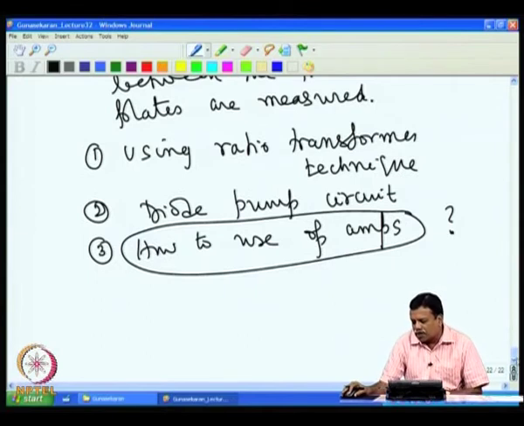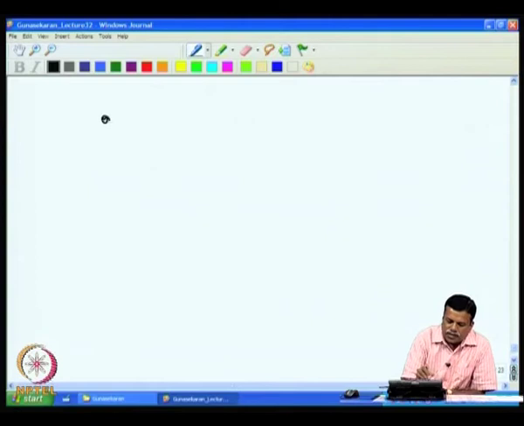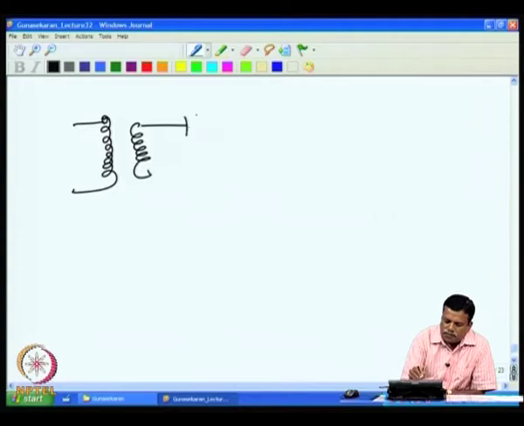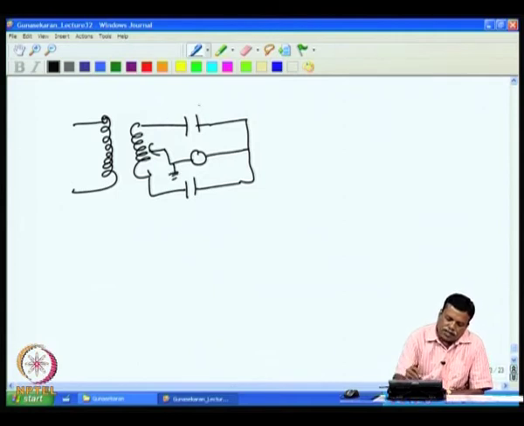If you recall our earlier technique, the ratio transformer technique, there we were able to measure the capacitance accurately, mainly because we were able to remove the ground capacitance. If we have capacitances like this, C1 and C2 with C reference here, then you have a detector here, and this is energized with the AC source.